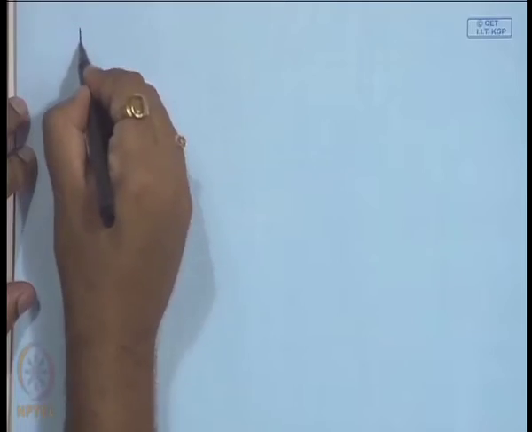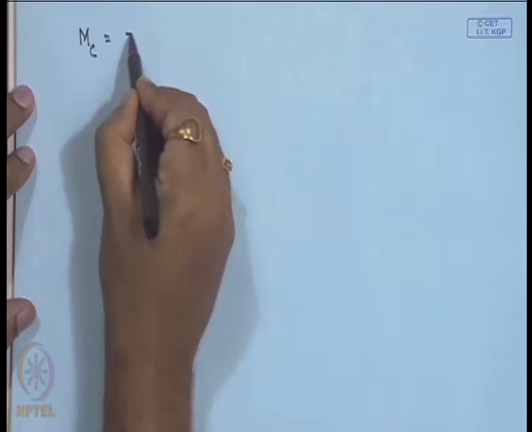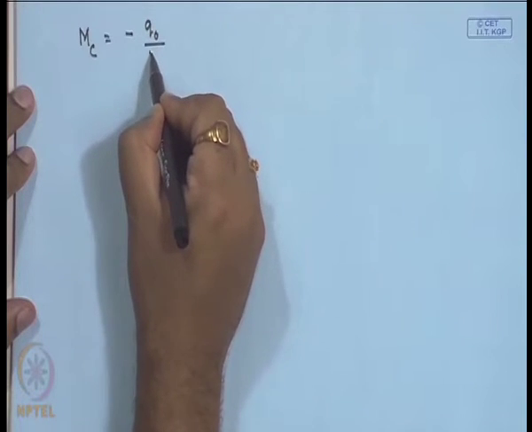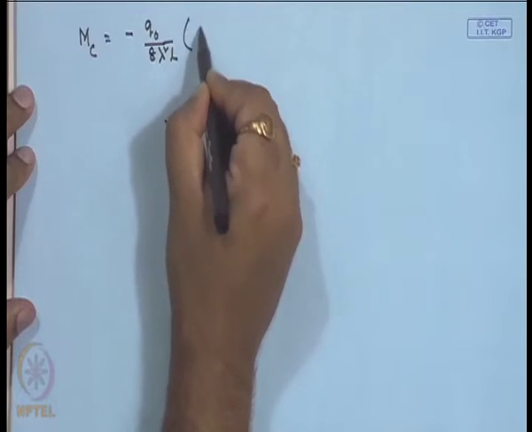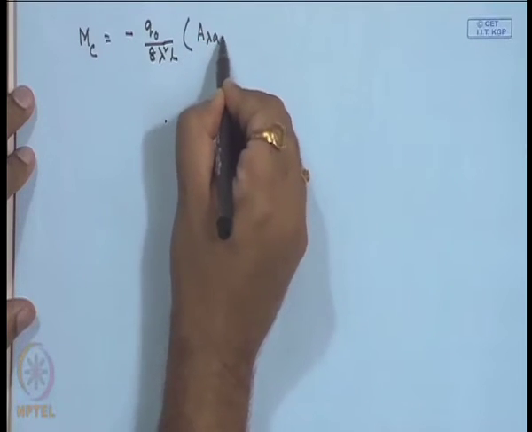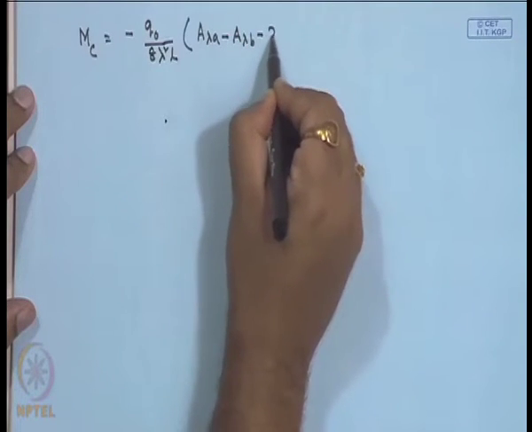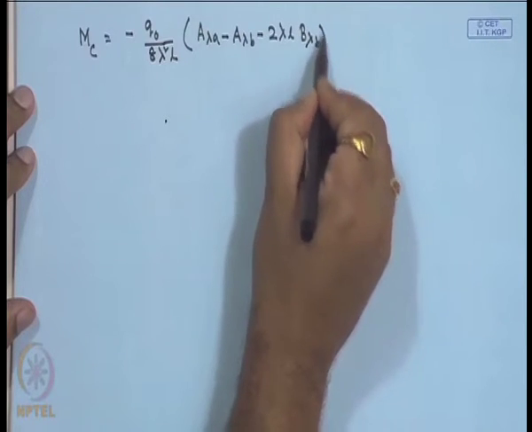Similarly, the expression of the moment M at the C point will be q 0 divided by 8 lambda square a, into lambda a minus A lambda b minus 2 lambda L B lambda b.